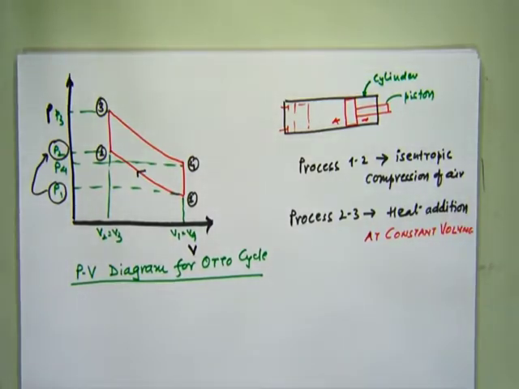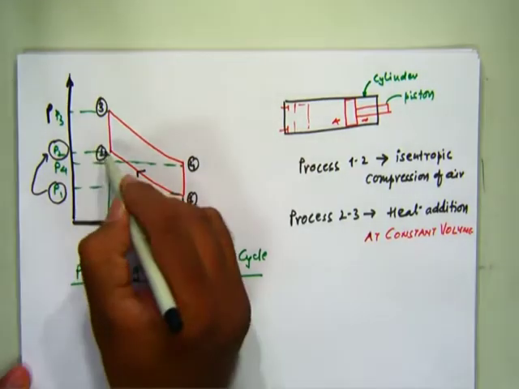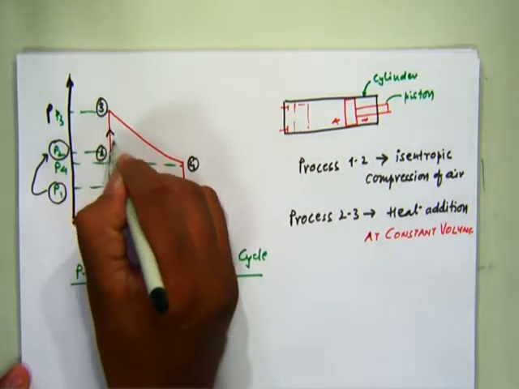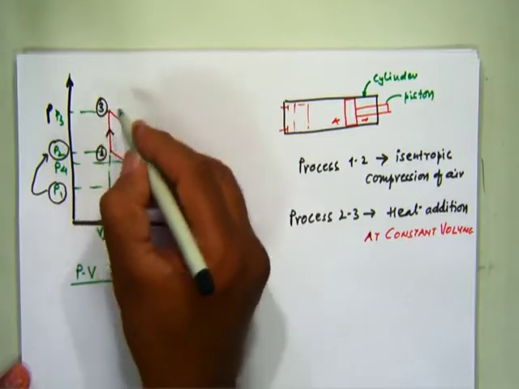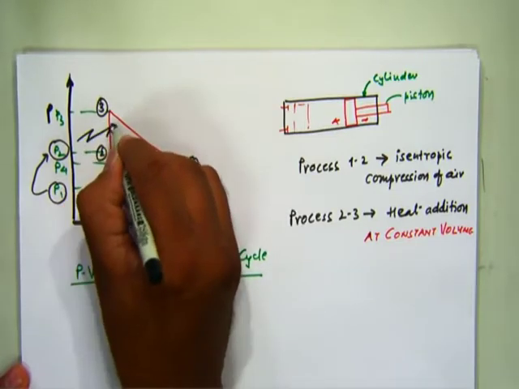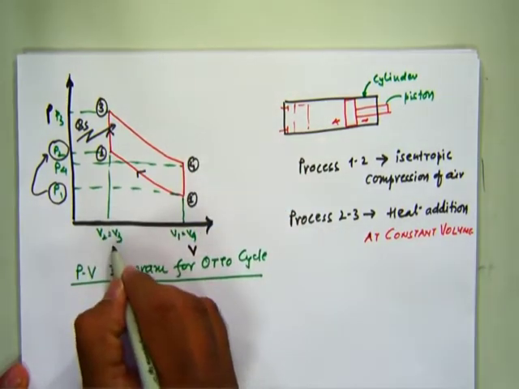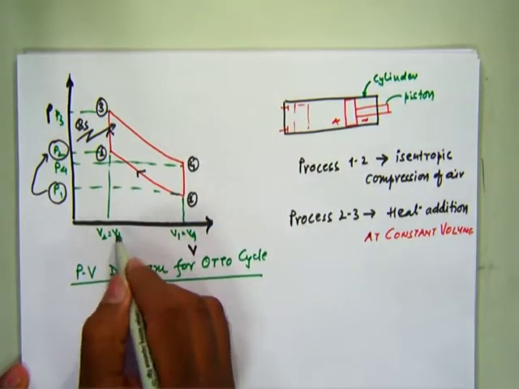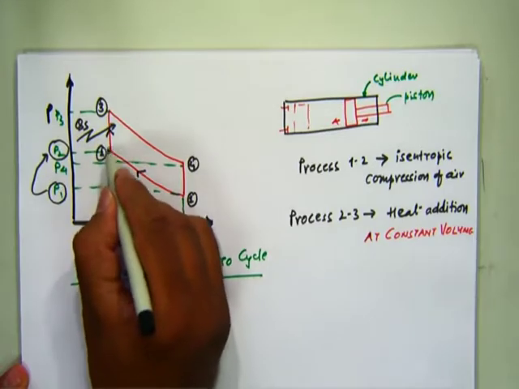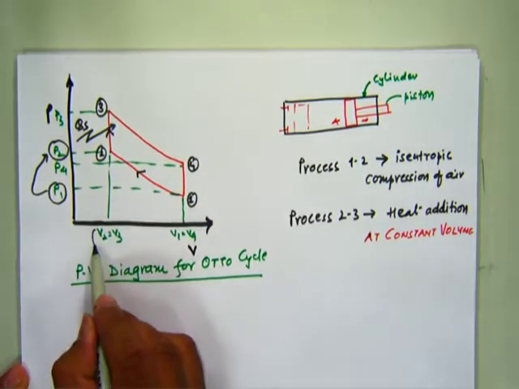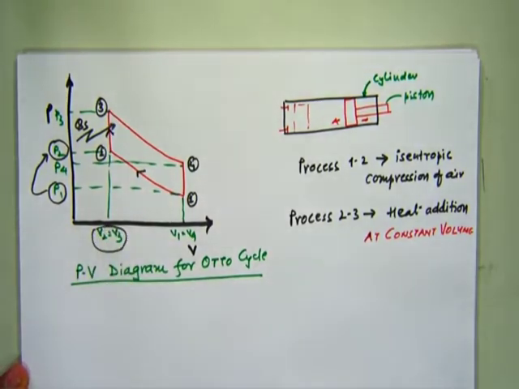Heat addition at constant volume. Process 2-3, heat addition takes place. We are supplying the heat. Let us say it is QS, constant volume, V2 is equal to V3. The process 2-3 carried out, V2 is equal to V3, constant volume.